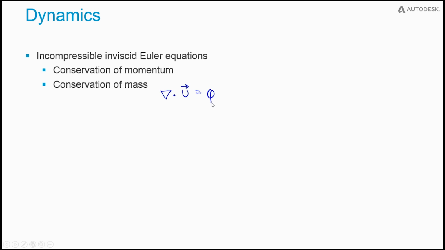There would be no volume expansion over time. But in the case of combustion, we'd like to model things like explosions. We'd like to model air expanding as it heats up and contracting as it cools down. On the other hand, we don't want to enter the fully compressible regime, where we need to solve the compressible inviscid Euler equations, because those are much more complicated to solve and time consuming to solve.